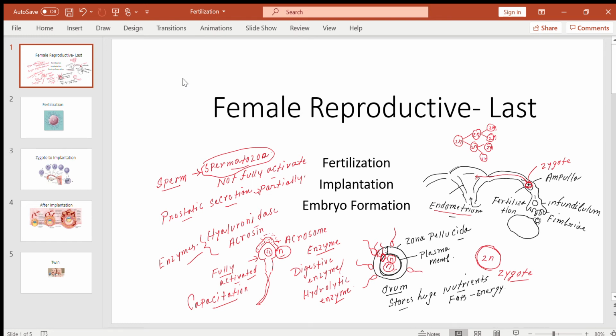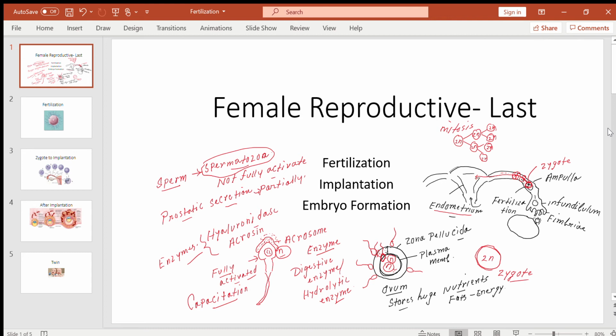So 1 to 2, then 4, 8, that way it will multiply by mitosis. First you will get two cells, then you will get 4 cells, right? That way it will multiply.